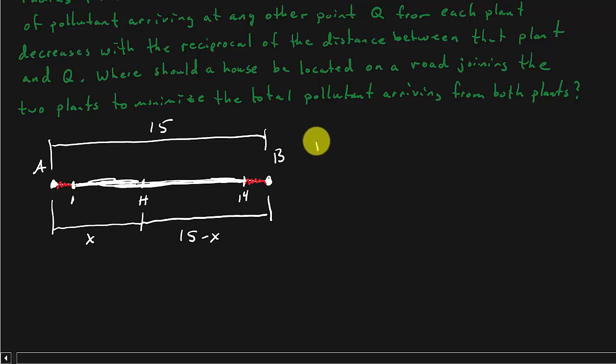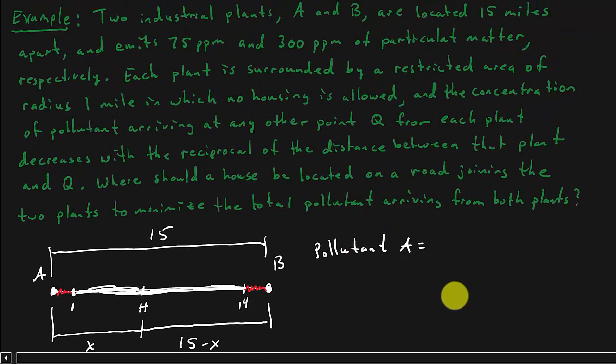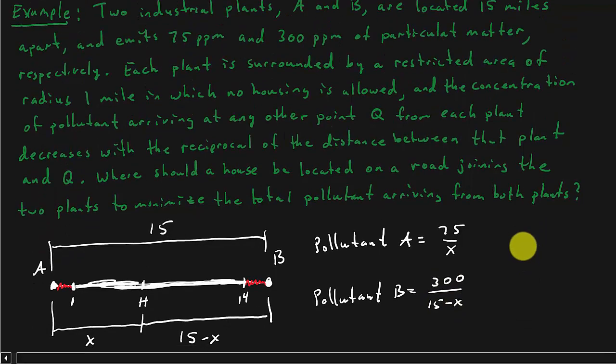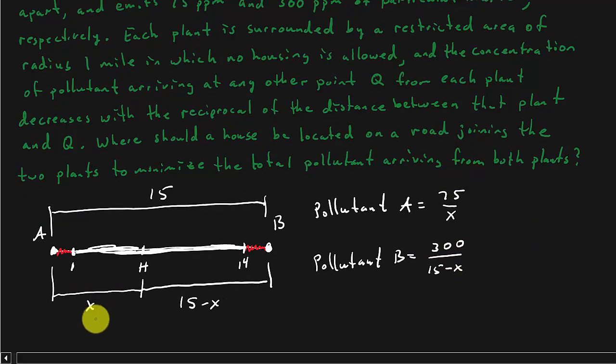So here we would have pollutant A, that would be the 75 over X, and the pollutant B is 300 over 15 minus X. So it's the parts per million over the distance from the plant.